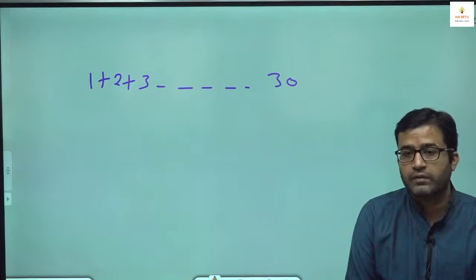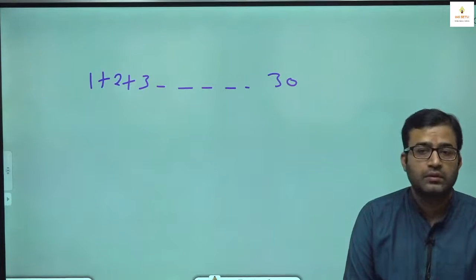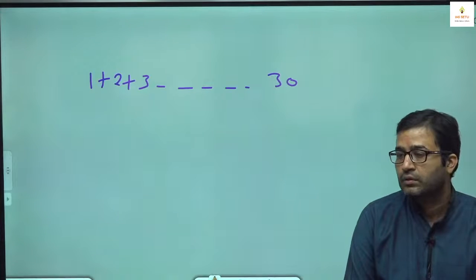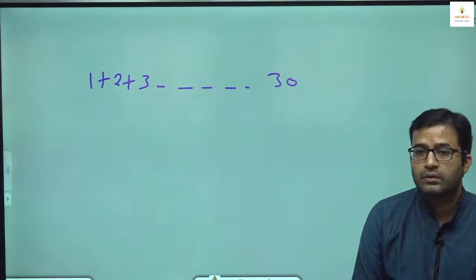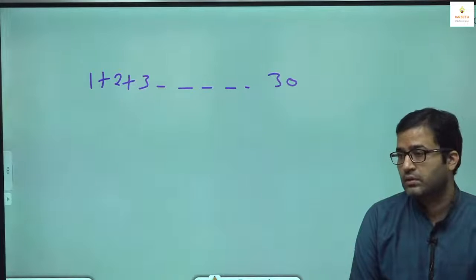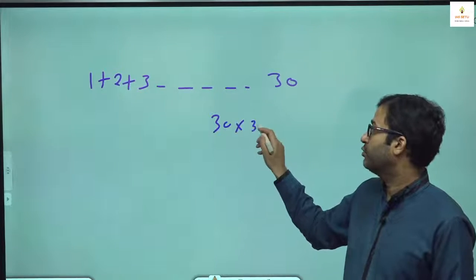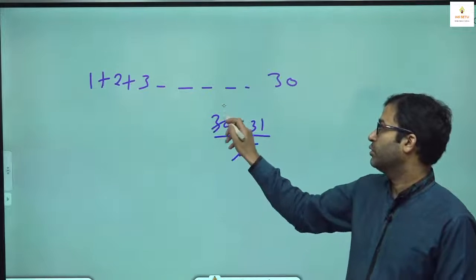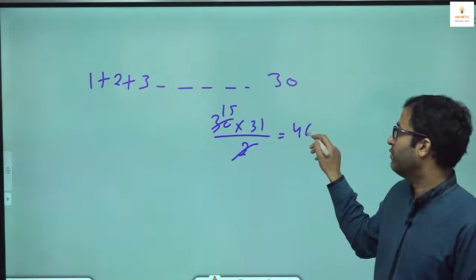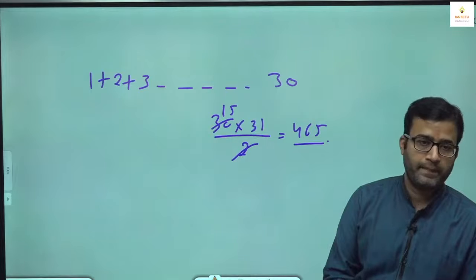So this is 30 into 31 divided by 2. So 15 into 31, 465. ठीक है?